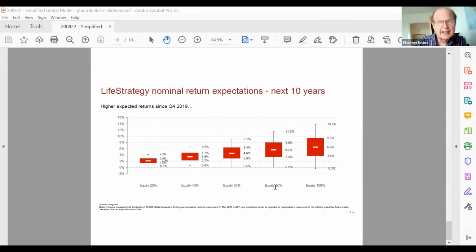But the important thing is to stick to the long-term objectives throughout the downs and the ups in the markets. The likelihood is that you would get a real return over and above inflation.